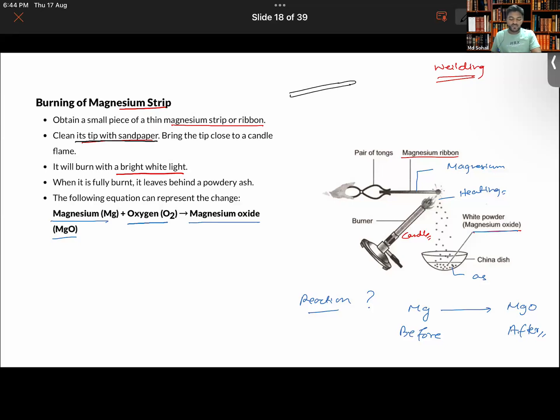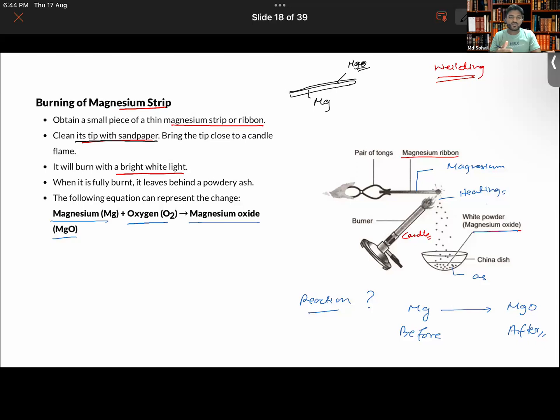Now there must have been a coat of magnesium oxide developed above it as well. Just like how iron rusts, just like how copper also rusts, in the same manner, this magnesium ribbon will also start to react, will also start to form a layer of magnesium oxide above it.